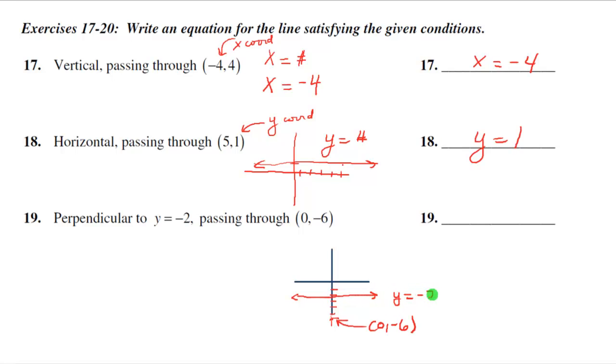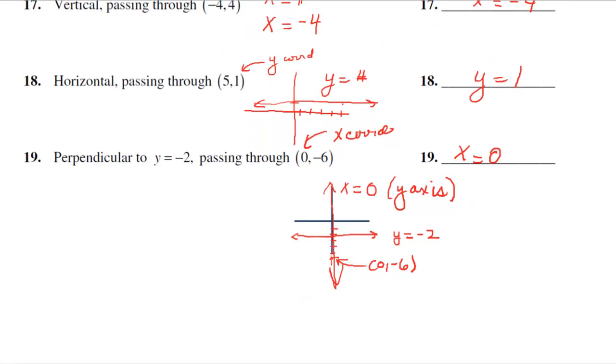A perpendicular line would be a vertical line. Remember, perpendicular lines make right angles. If it has to go through (0, negative 6), it's got to be the y-axis, actually. And the equation for the y-axis is y equals 0. Excuse me, x equals 0. And again, that's the x-coordinate of our point. So x equals 0 is perpendicular to y equals negative 2 and passes through (0, negative 6).